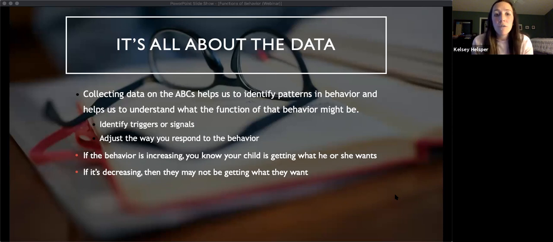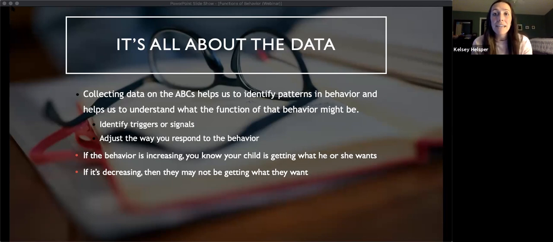But also, if we identify that a behavior is occurring frequently, we might be able to adjust the way that we respond to it. That's more talking about the consequence, to make sure that we are not providing any reinforcement for a behavior that we don't want to encourage. So how do you know if you're providing reinforcement?